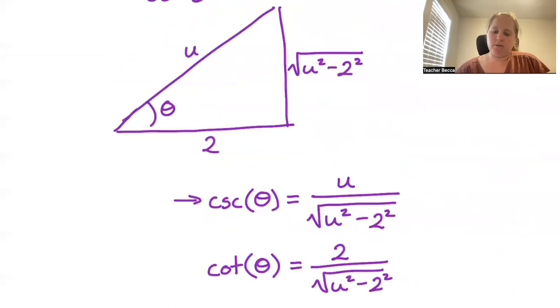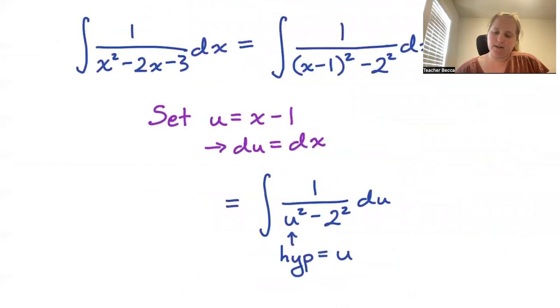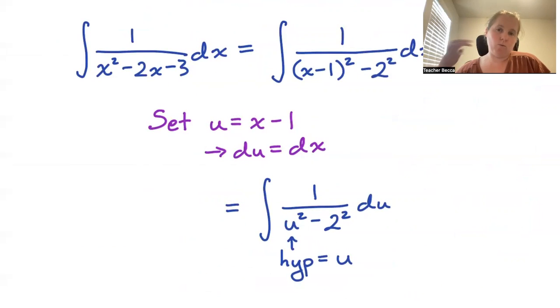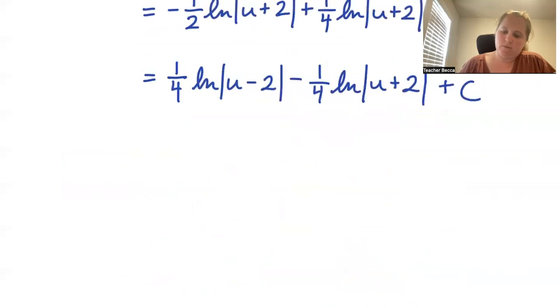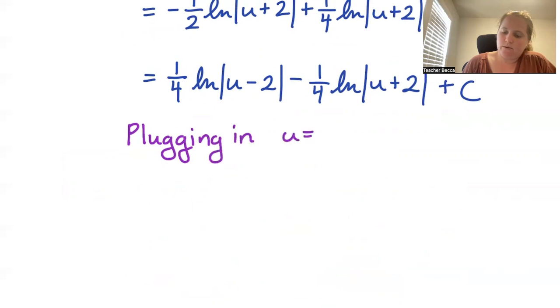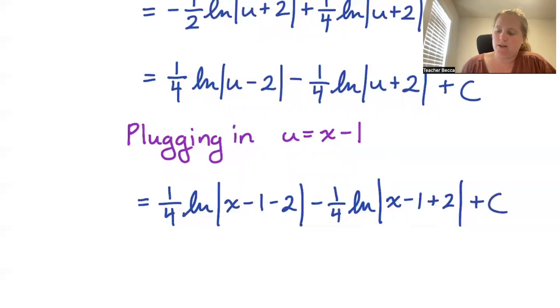Then we have our final substitution. We had set u equal to x minus 1. So plugging in u equals x minus 1, we are looking at 1/4 times the natural log of the absolute value of x minus 1 minus 2 minus 1/4 times the natural log of the absolute value of x minus 1 plus 2 plus c.